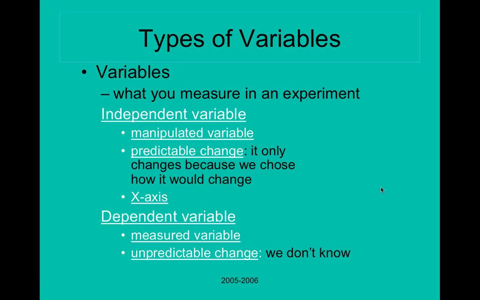So that would be the plant not growing is the dependent variable in that particular example. When someone is independent on someone else, they lean on them, they depend on them. So whatever we do to the independent variable will make the dependent variable change.